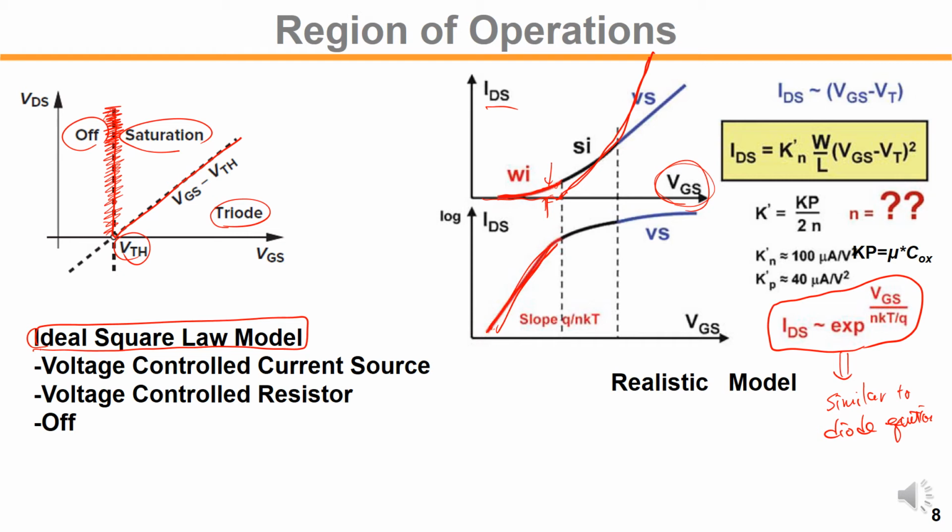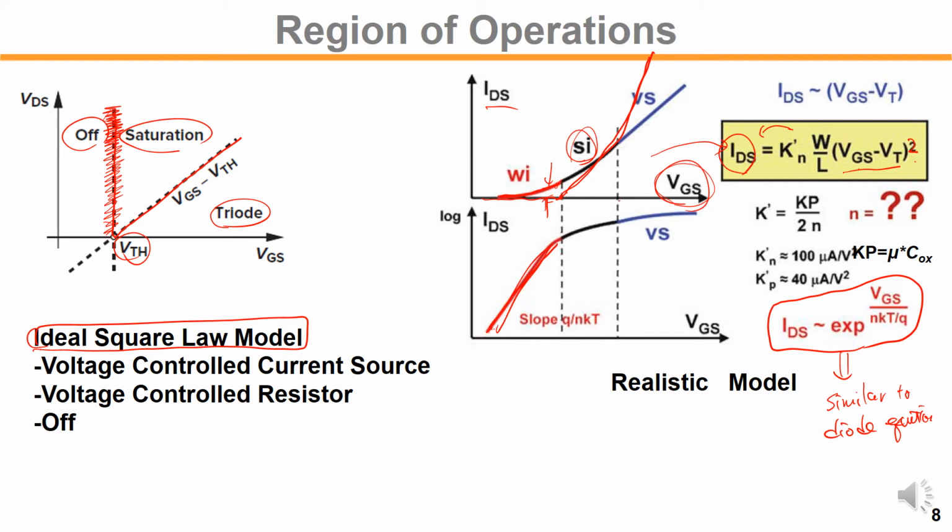In the strong inversion case, it follows the square law model, where (VGS minus VTH) squared is proportional to IDS.